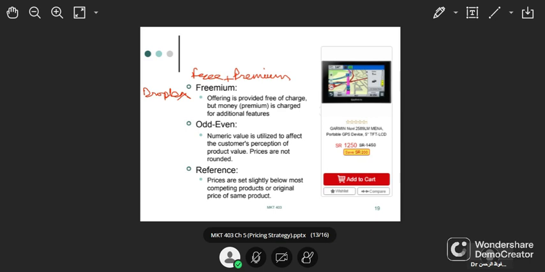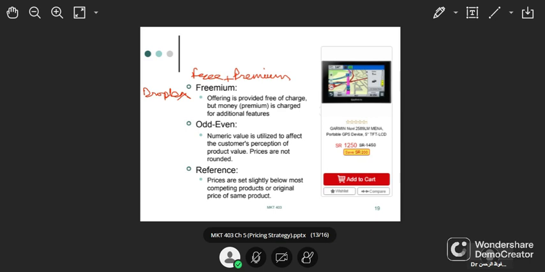YouTube, you can use it for free, but you will see advertisements. If you don't like advertisements, pay a premium to use the premium service, with no advertisements. Dropbox, basic capacity, fine. But once you get used to it, you keep on putting more and more data. You need storage. Now you are used to it, a behavioral change, and you have to pay a premium for that. This is known as a freemium strategy.